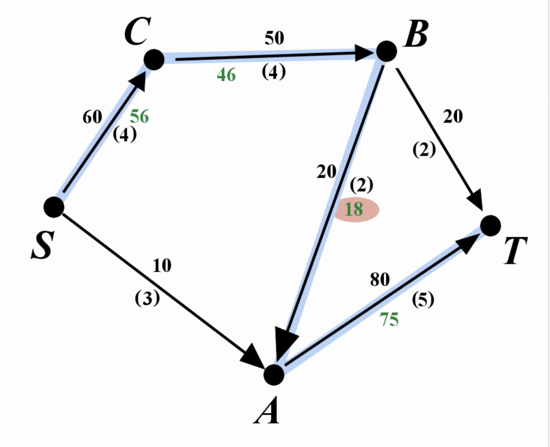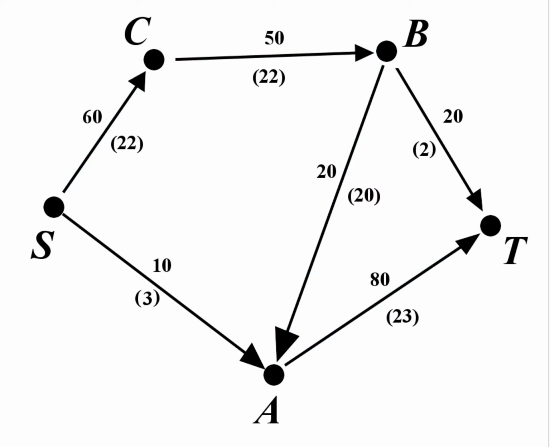Now 18 snails will be added to every one of those flows. And so this is how we add 18 to these numbers. And now we have produced a new flow that is sending more snails.